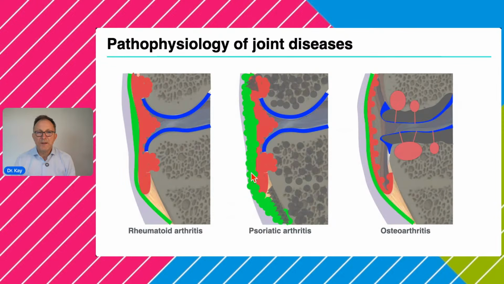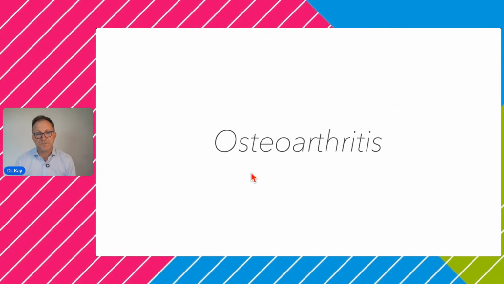In fact, we are making the distinction between synovial-based diseases like rheumatoid arthritis, enthesial diseases like psoriatic arthritis, and cartilage-centered diseases like osteoarthritis. And they all have different pathophysiology and therefore also present with different features on X-rays.